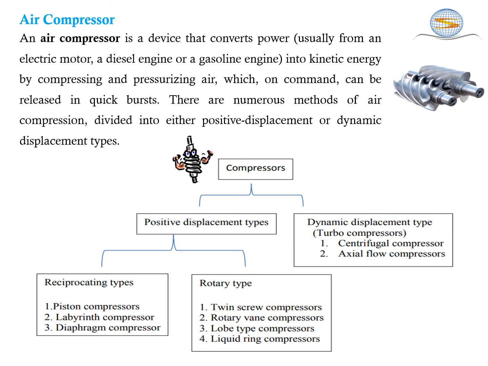There are three types of compressors in reciprocating type: piston, labyrinth and diaphragm. In rotary, there are four types of compressors: twin screw, rotary vane, lobe type and liquid ring type. In dynamic displacement compressors, there are two types of compressors. One is centrifugal compressor and second is axial flow compressors.